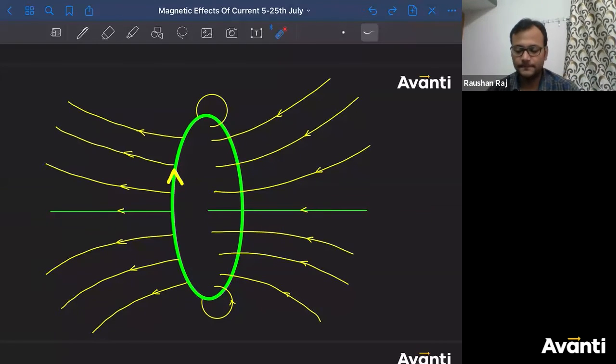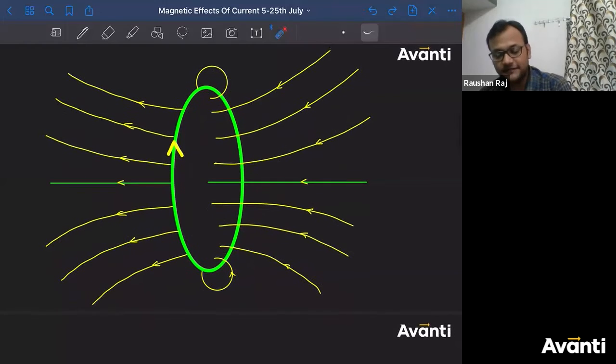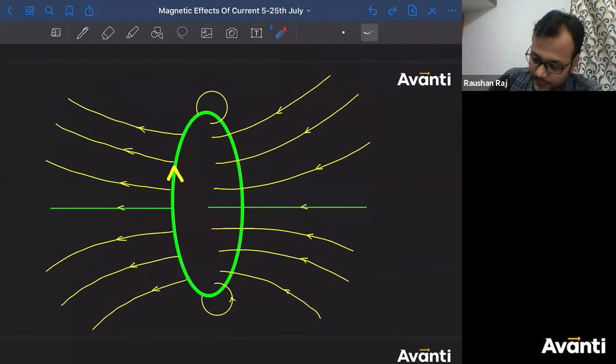Got it, Ganesh? This is how the magnetic field lines will look if you see the circular ring from this side. Circular ring लिया ऐसे आपने और उसको इधर देखो, ऐसा देखो. And you look at it from this side. So these magnetic field lines will look like this. All right? बहुत बढ़िया. So guys, please remember this.